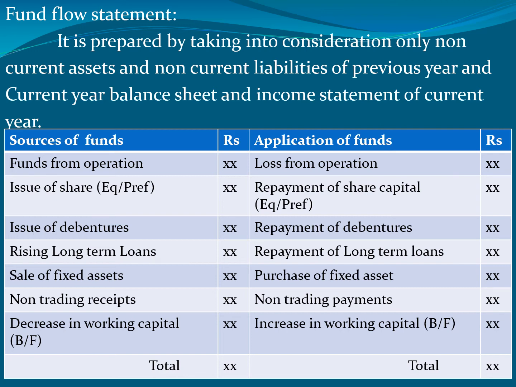Next, sale of fixed asset or the purchase of fixed asset. Here you need to prepare the fixed asset account, a ledger account. There you will come to know whether the asset is purchased or sold after considering depreciation. Whenever there is a change in the fixed assets amount from the previous year to the current year, it's better to prepare that particular asset account.